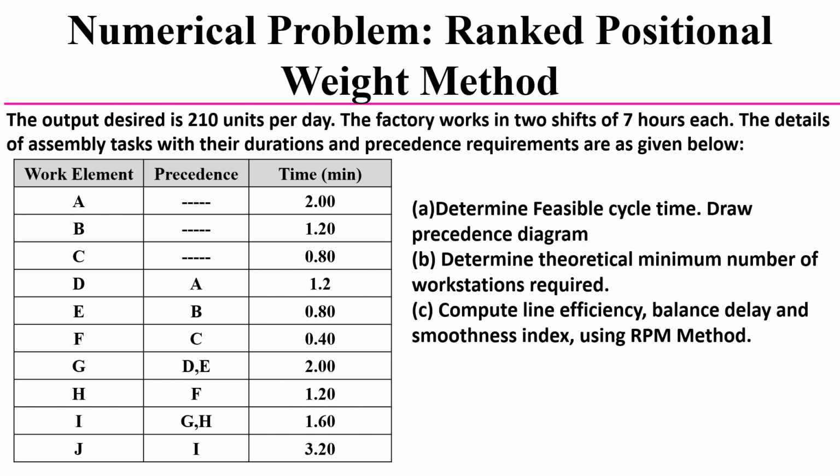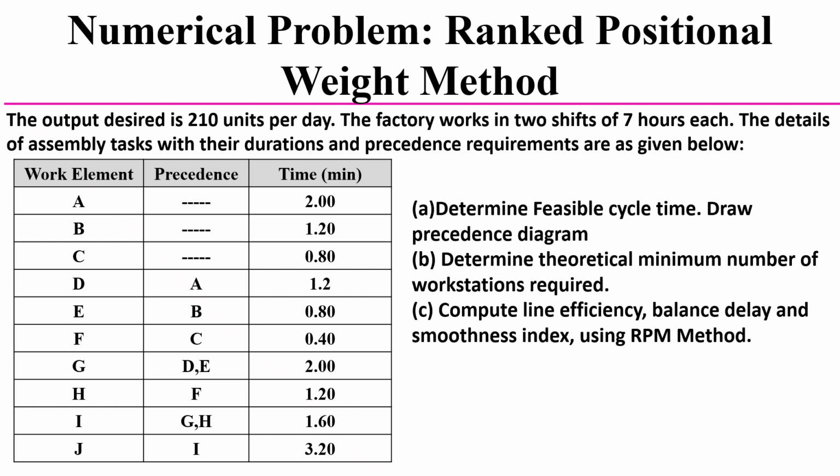In the table there are the different work elements and precedence requirements along with the time duration of each work element. Then determine the feasible cycle time and draw the precedence diagram. The next question is to determine the theoretical minimum number of workstations required. And the last one is to compute line efficiency, balance delay and smoothness index using the RPW method.